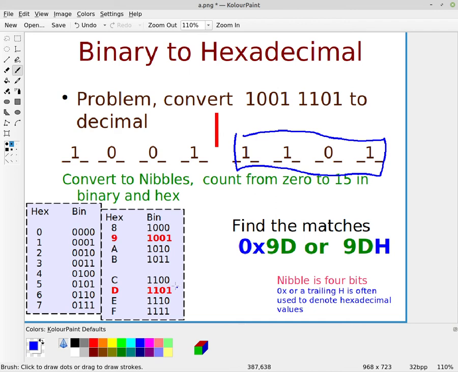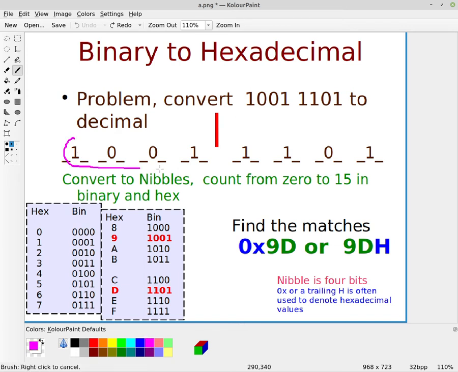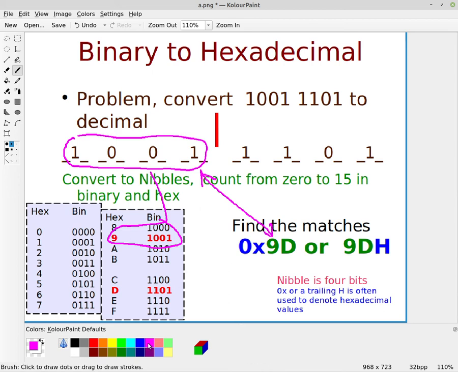Then I'm going to find that over here on the chart, and that gives me a D. 1101 gives me the D. Then we look at the next value and find it in the chart, and that of course is a 9. 1001 gives us our 9.